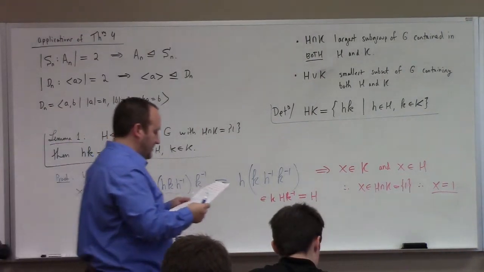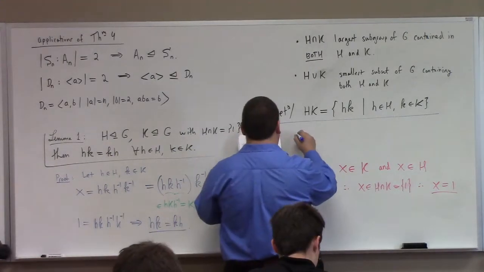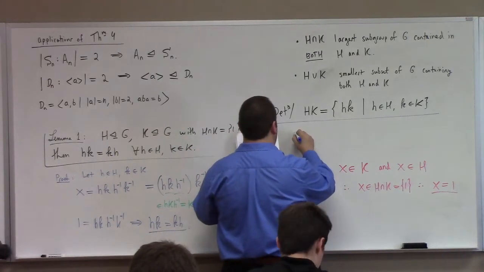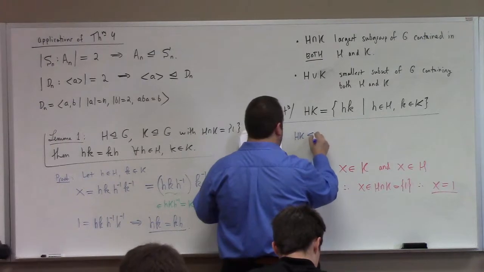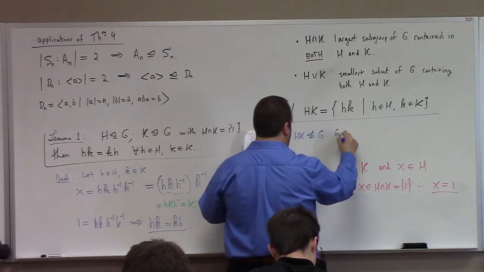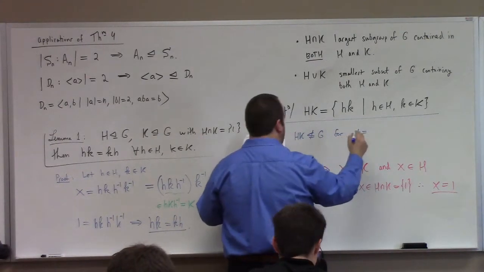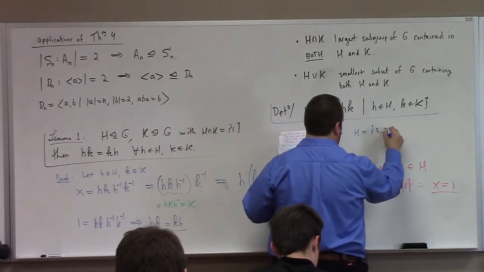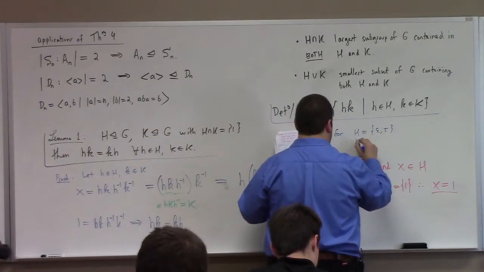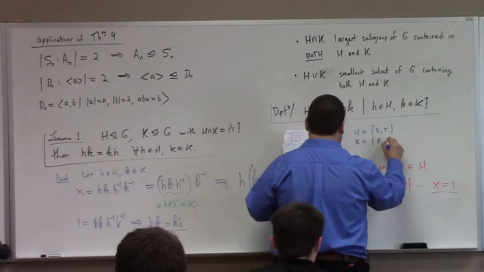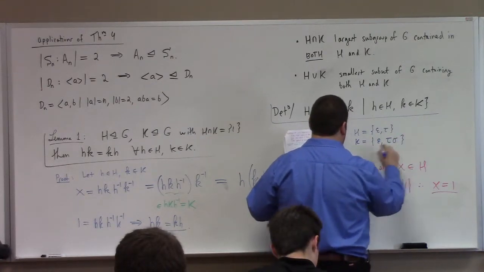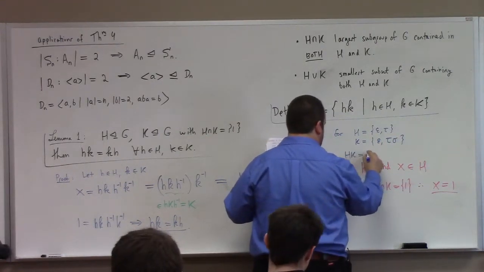I guess we could look at it. So, non-example, HK not a subgroup of G, for H equal to epsilon tau, K equal to epsilon tau sigma. What's the product of H and K equal to then? You guys help me out with that.